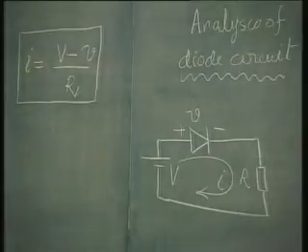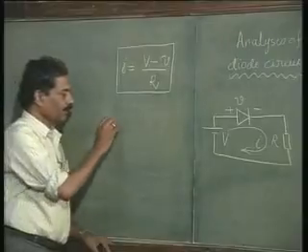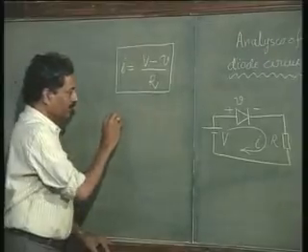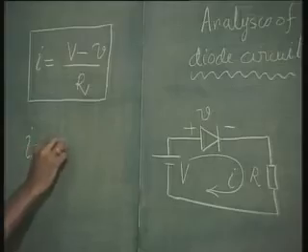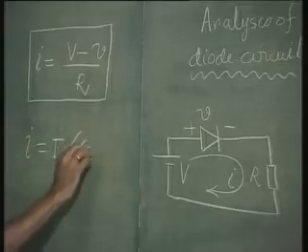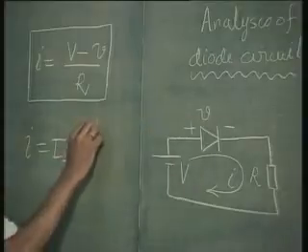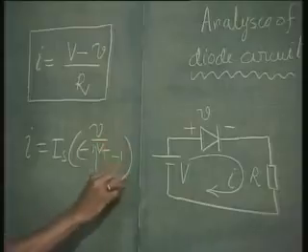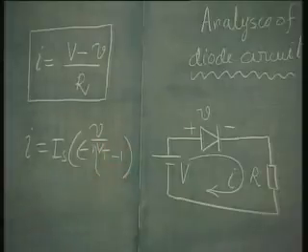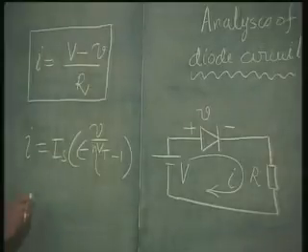Another equation in order to evaluate I is the IV characteristic of the diode. I through the diode is equal to Is exponent (V by eta Vt) minus 1. This we know. Since it is forward biased, this can be approximated as Is.